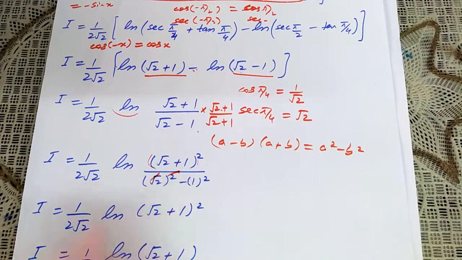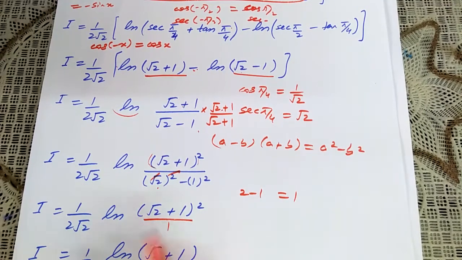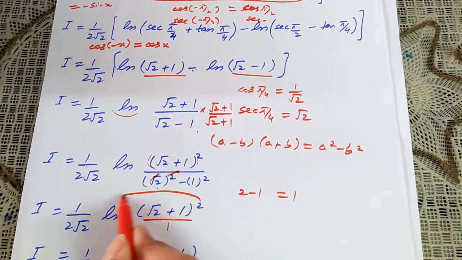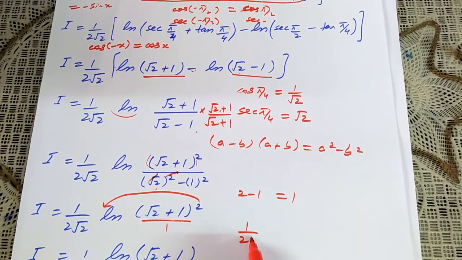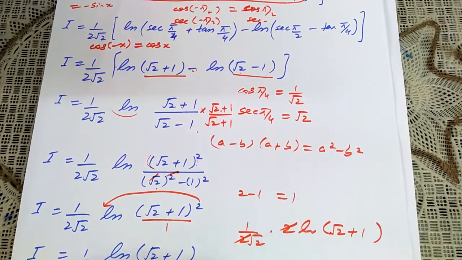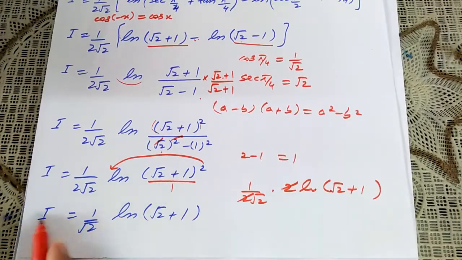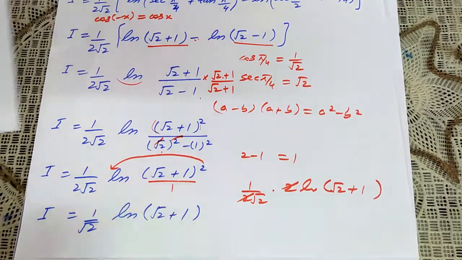In the denominator, I will get 2 minus 1, which equals 1. And this is the property of ln, the power can be taken down. So it will be 1 over 2 root 2 into 2 ln(root 2 plus 1). This 2 will cancel with this 2. So I get I equals 1 over root 2 ln(root 2 plus 1) in my answer. So this question is proved.